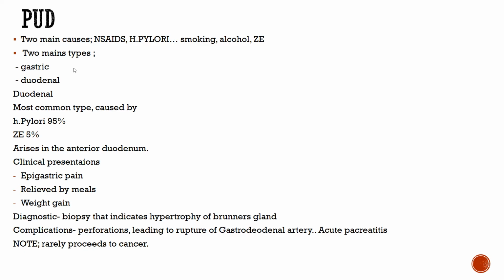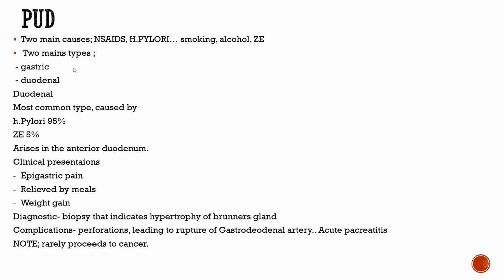Okay, so what does Zollinger-Ellison syndrome do? What happens here? Anyone? Yeah, there's a hypergastrinemia. Why is there a hypergastrinemia? What is the logic behind this? Yes, there's gastrinoma.